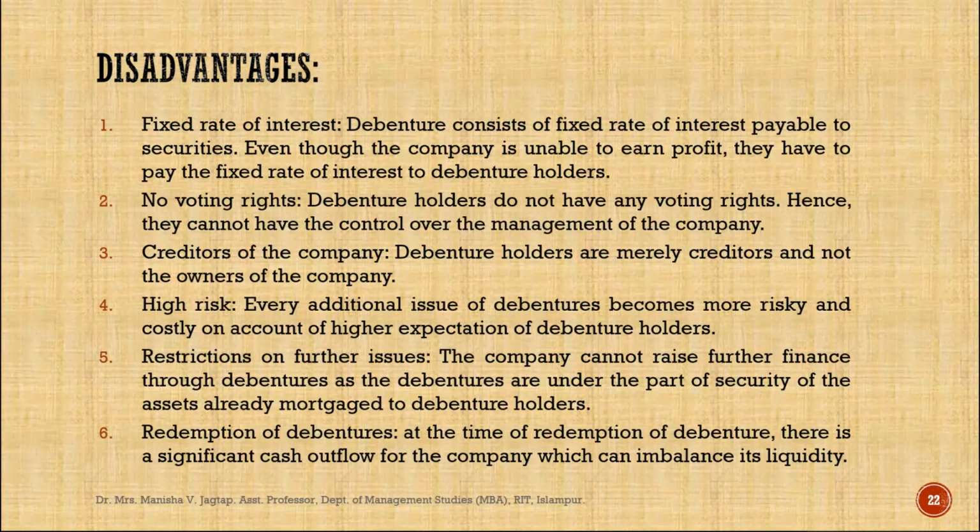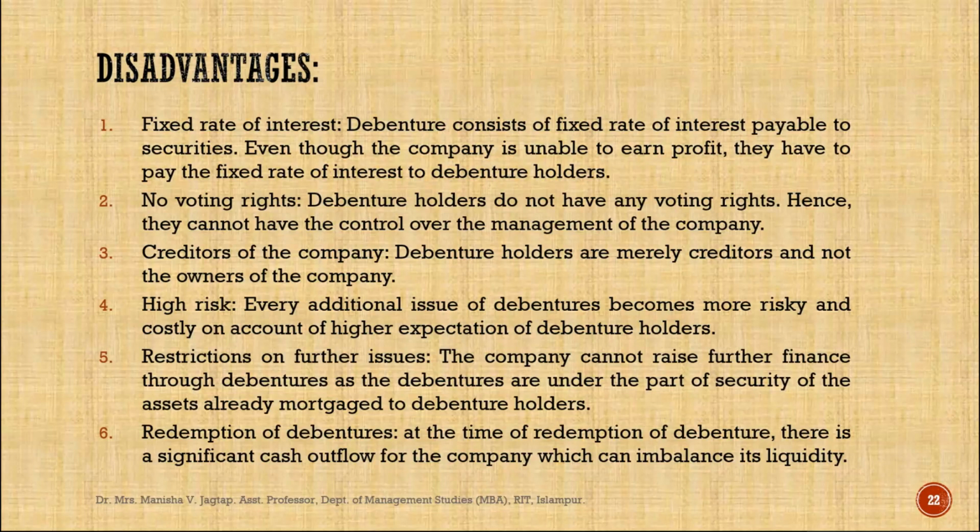Next is restrictions on further issues. The company cannot raise further finance through debentures as the debentures are part of the security of the asset already mortgaged to the debenture holders. Next is redemption of debentures.